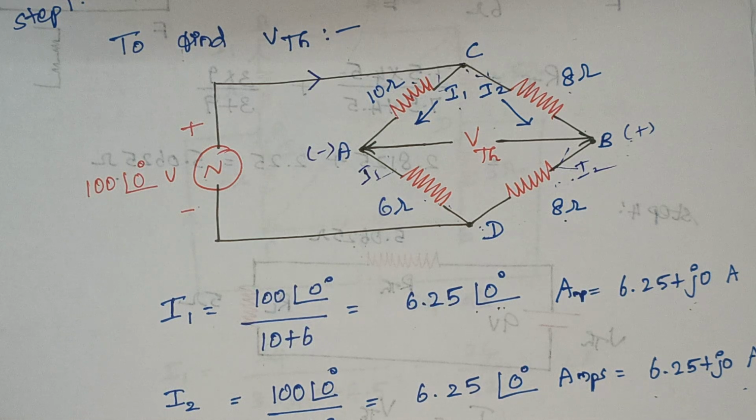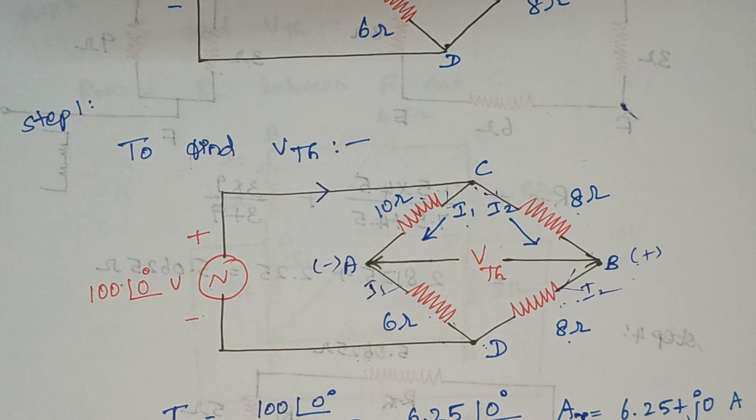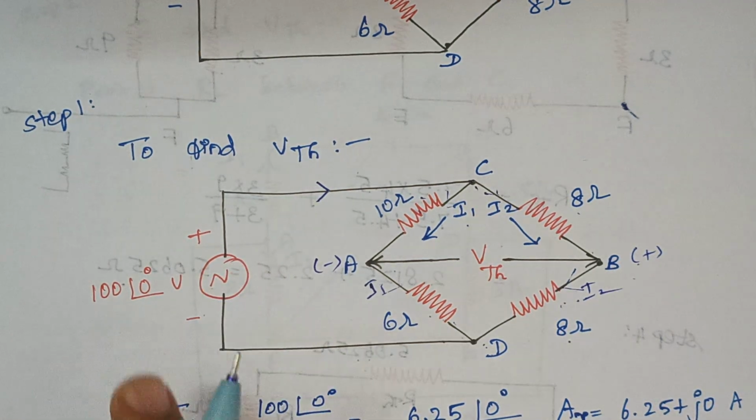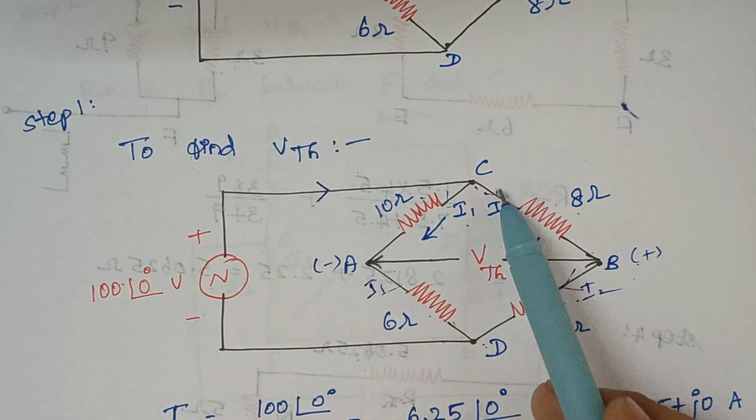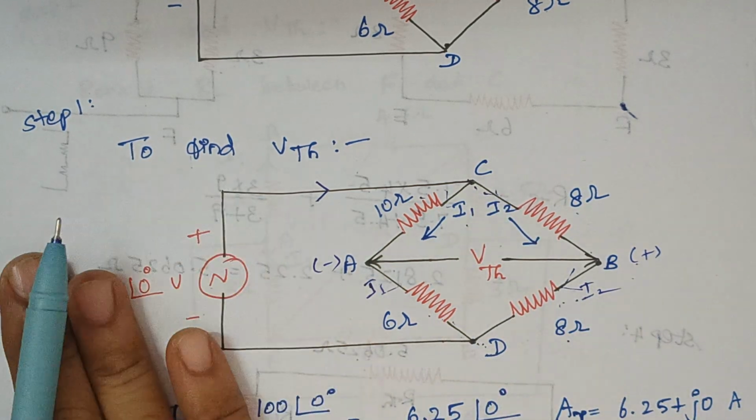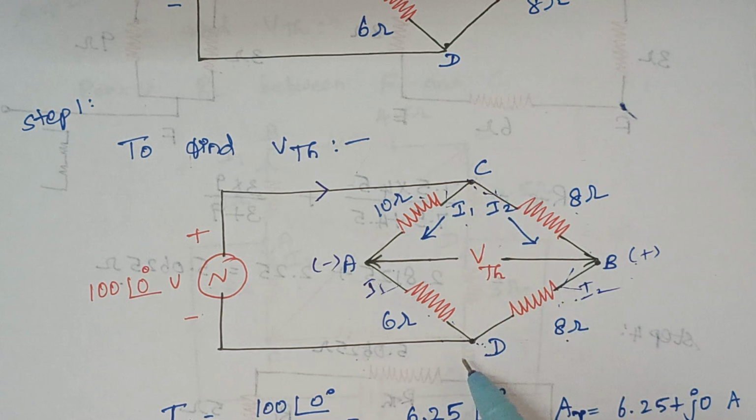The next thing is we have to proceed with R Thevenin. How to find R Thevenin? Here we have to remove the voltage source. When you remove this voltage source, what happens? This voltage source is connected between the nodes C and D. So when you remove this, C and D are connected by a simple wire or a conductor.